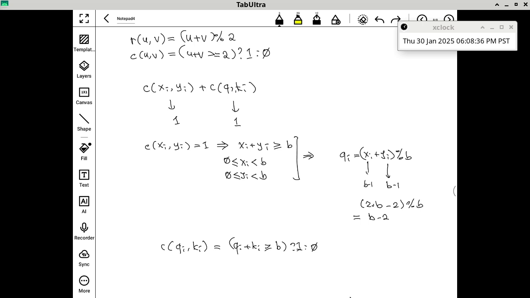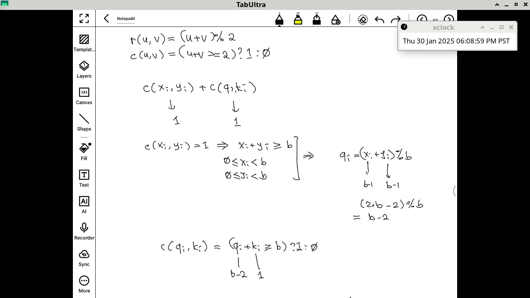So if k of i can only be a 1, q of i can at the most be b minus 2. So when you look at this sum here, the worst it can be is, let's do this again. This is b minus 2. This is 1.